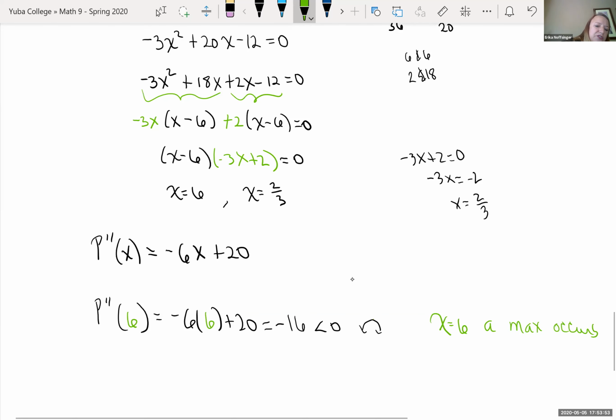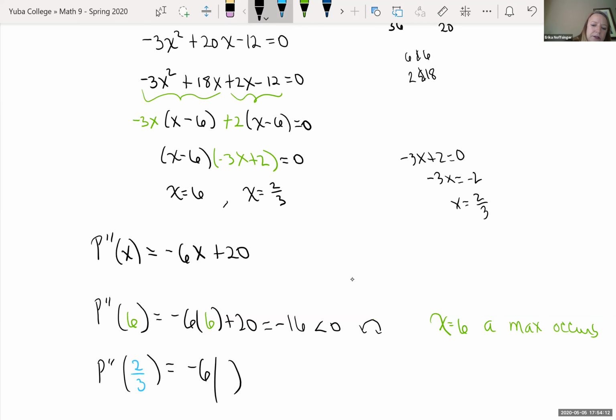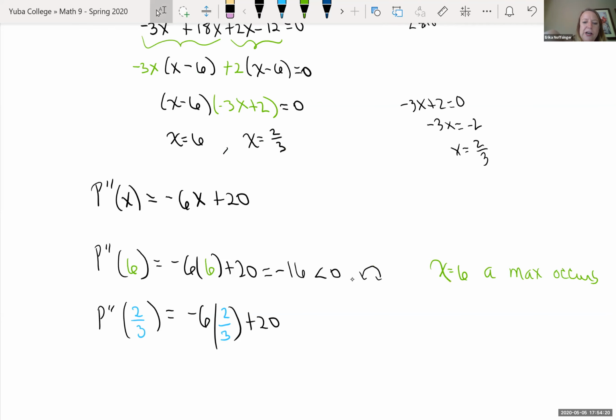If I look at the second derivative and I plug in my 2/3, well, this gives me -6 all times 2/3 plus 20. Well, 3 goes into -6 twice.